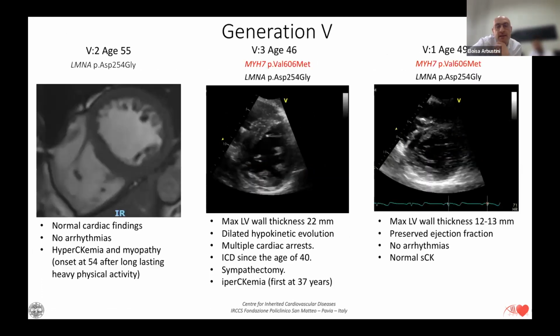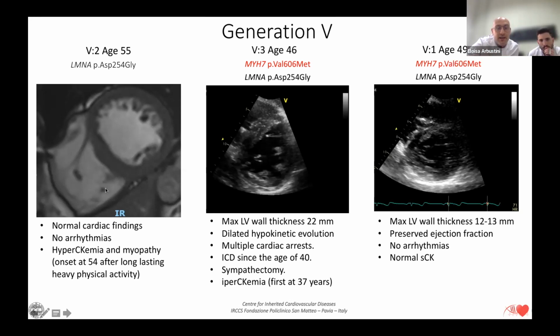So here we have again a comparison slide, which compares in the center the phenotype of our proband, characterized by severe arrhythmic diathesis, while in his sister, even if she carries the same variants, we do not have the same severe hypertrophic phenotype, and at the same time we did not have any arrhythmia nor elevation in CK.